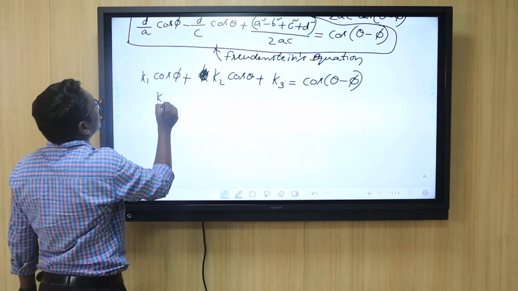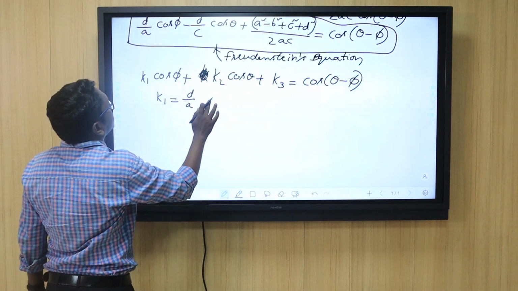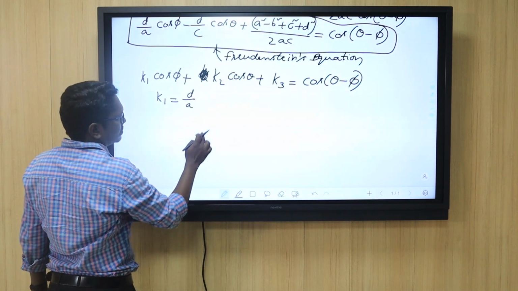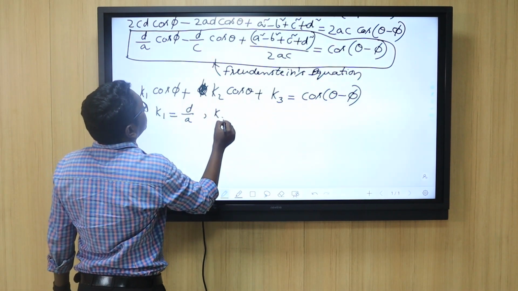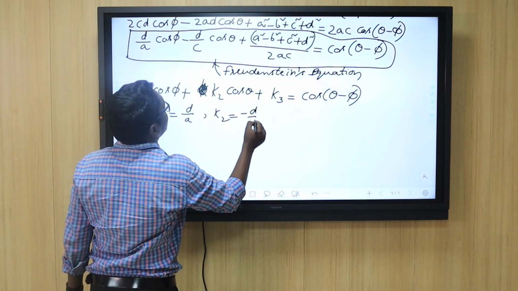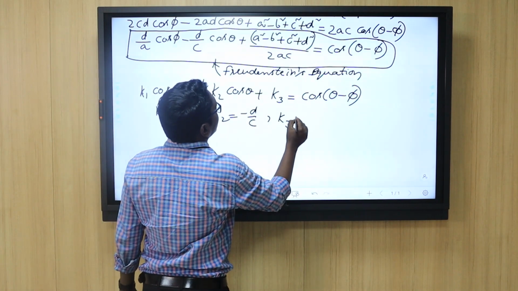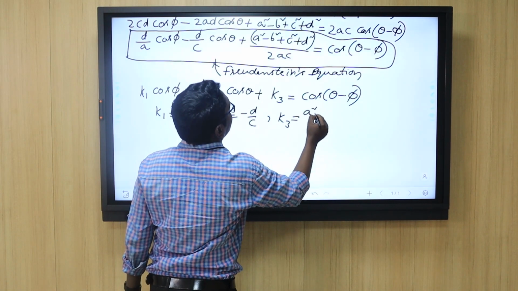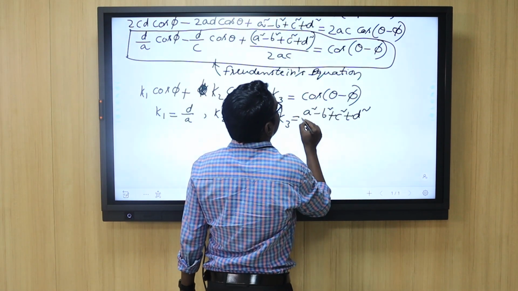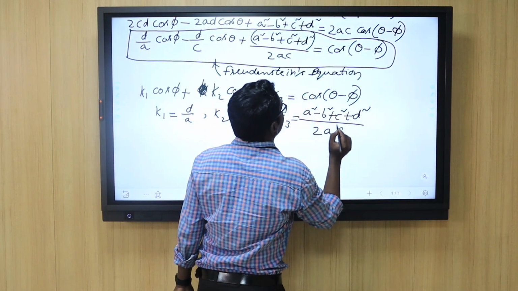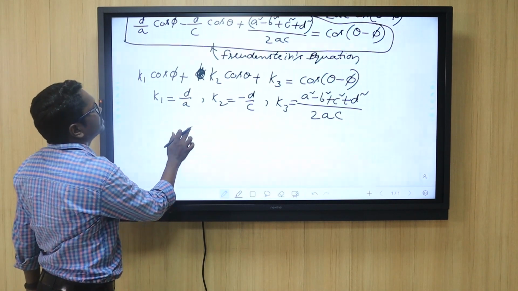Therefore k1 is equal to d by a, k2 is equal to minus d by c, and k3 is equal to a square minus b square plus c square plus d square by 2ac. So these are the constants we have to find.